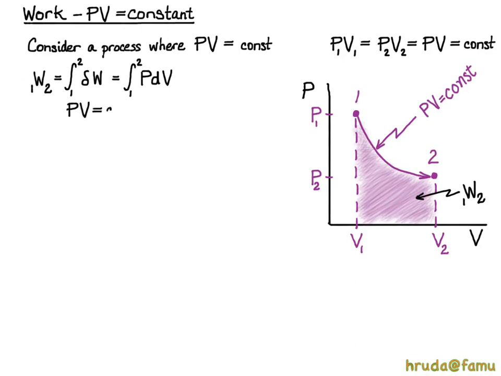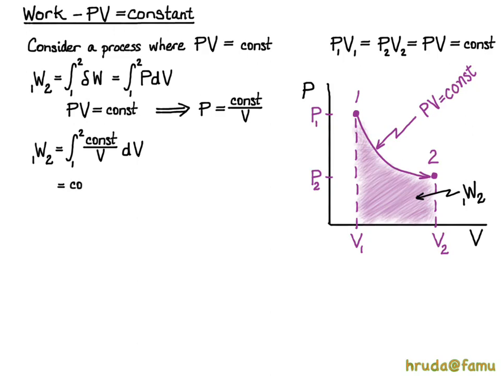So I can use that P times V equals a constant to get pressure as a function of volume. So I get that P is a constant over V. So the work is the integral of a constant over V dV. The constant can be pulled through the integral, so I get work as a constant times the integral of dV over V evaluated from state 1 to state 2.